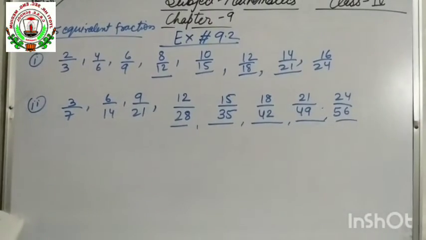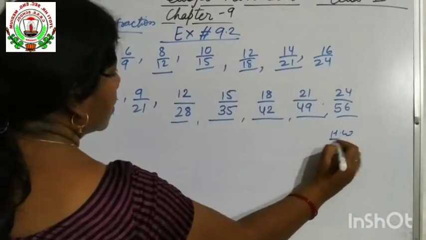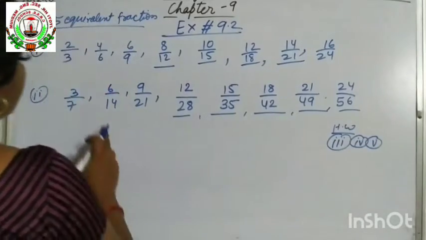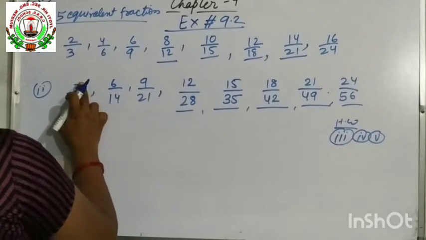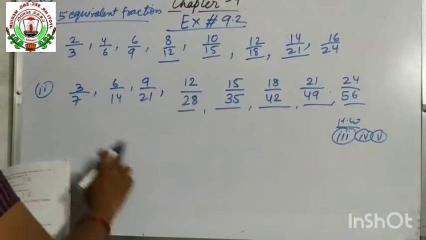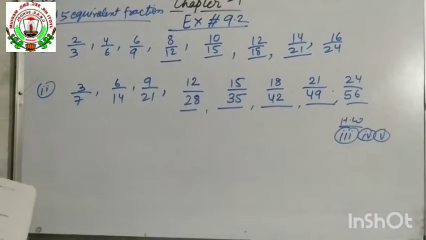Similarly, you can do 3, 4 and 5. It will be your homework. Upside you will write the numerator, and in the denominator, whichever number is given, that table you will write. It is very easy. Understood?